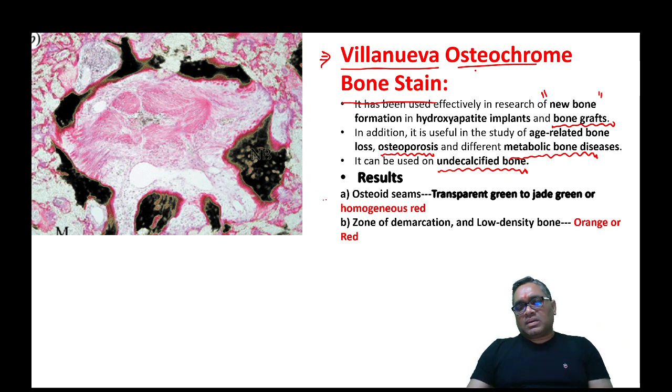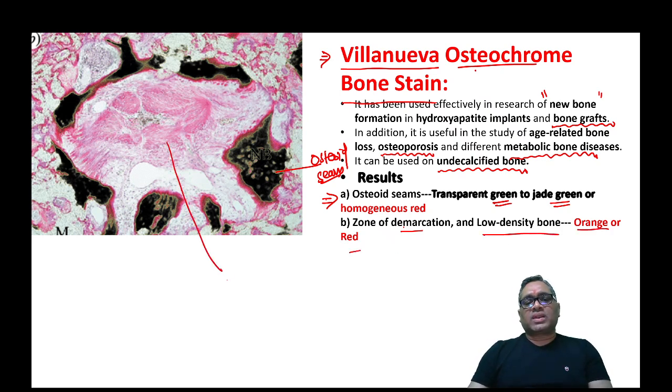So what will be the finding? Osteoid seams will be looking transparent green to jade green. Now you can see these are the new bone or osteoid seams, right? So osteoid seams, new bone, will be looking green in appearance, and zone of demarcation or low density bone will be looking orange or red in color, right? So these are the orange or red in color.